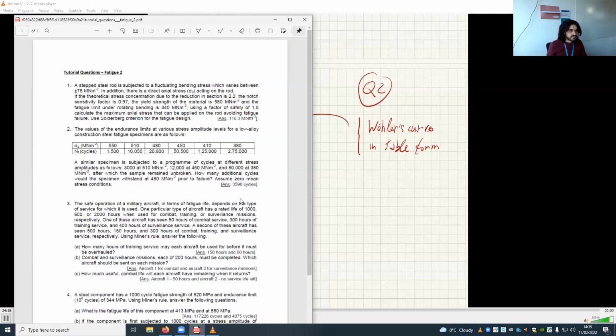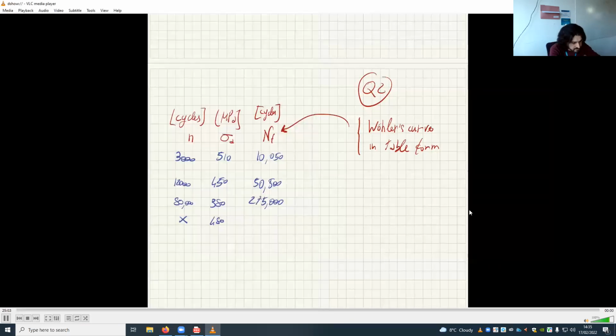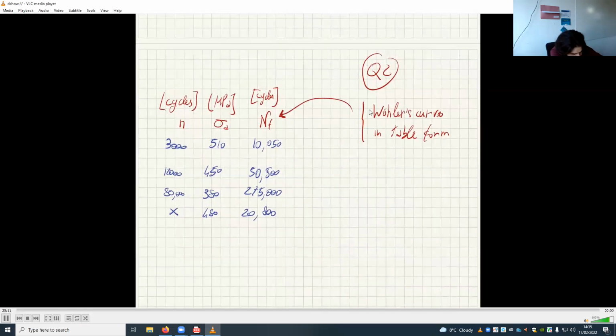And at 480, this one, 20,800. Okay, now that I have this information, let's say that these are the first operation, second operation, third operation, and last operation, because we know that it breaks now, then broken.